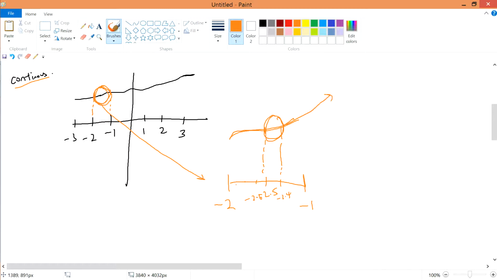Now I'm talking about minus 2.5 and minus 2.4 of the signal, which looks somewhat like that.